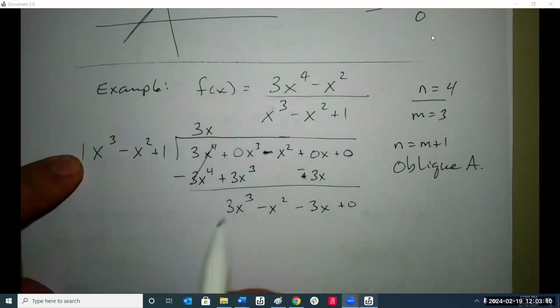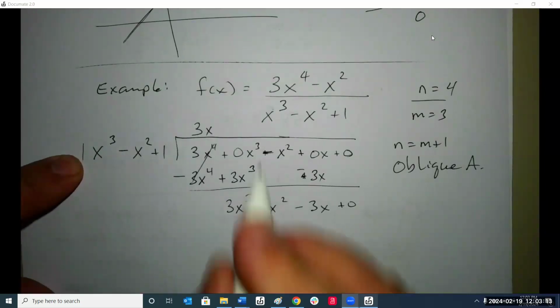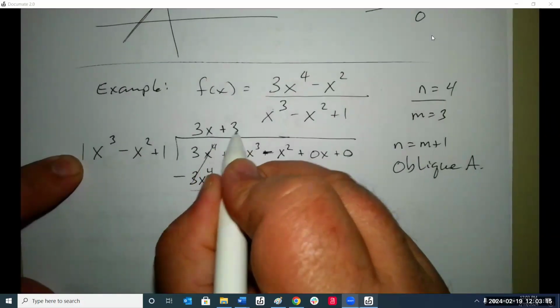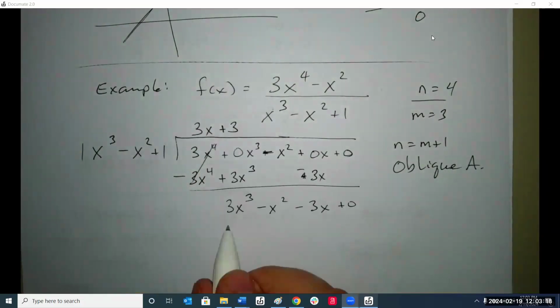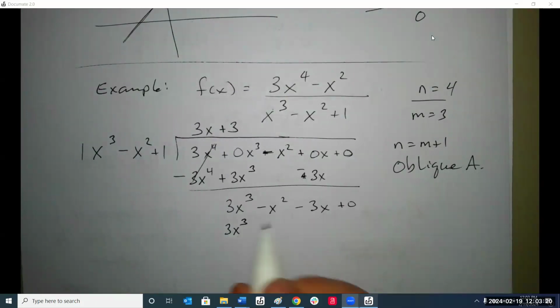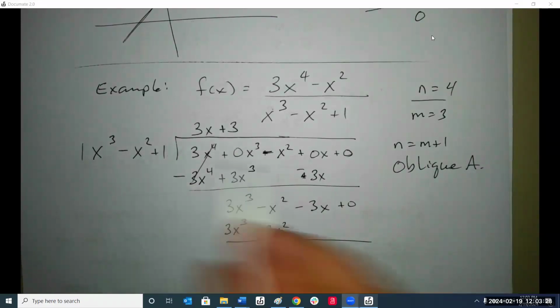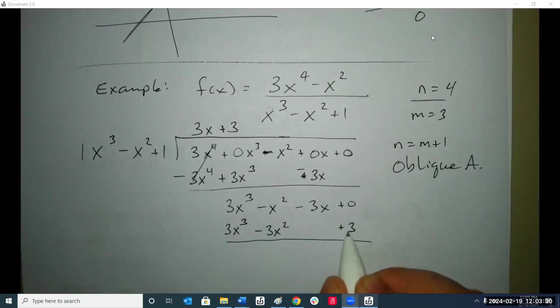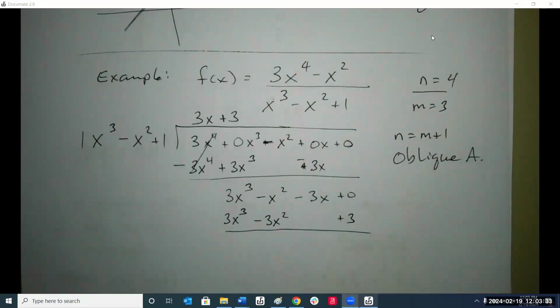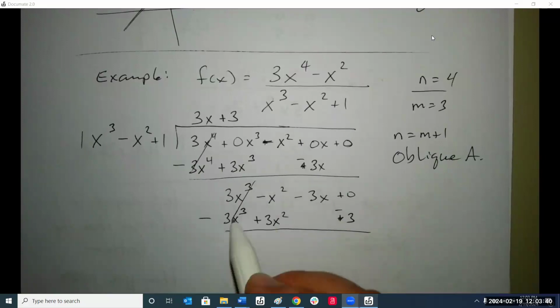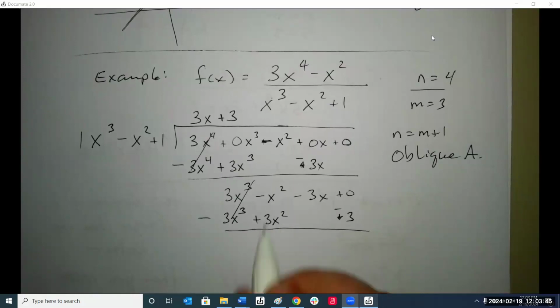What times x cubed gives me 3x cubed? 3 times x cubed is 3x cubed. 3 times negative x squared is negative 3x squared. 3 times 1 is 3. Change the signs. That cancels. 3 minus 1 is 2x squared.